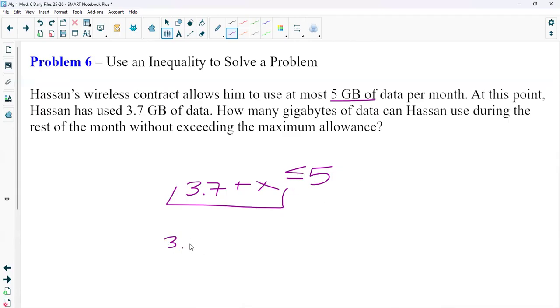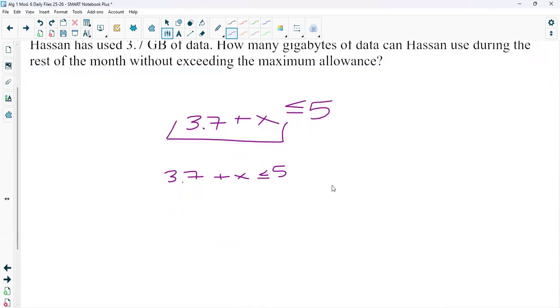So we have 3.7 plus x is less than or equal to 5. What we want to do is solve for how many gigs we can use. So let's subtract 3.7 from both sides. We've got x is less than or equal to 1.3.